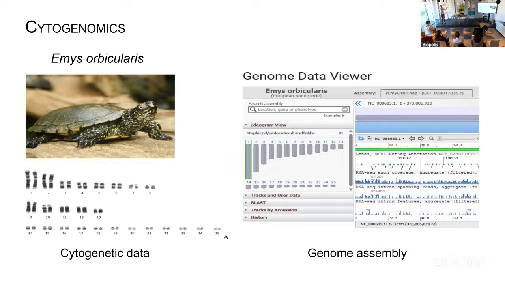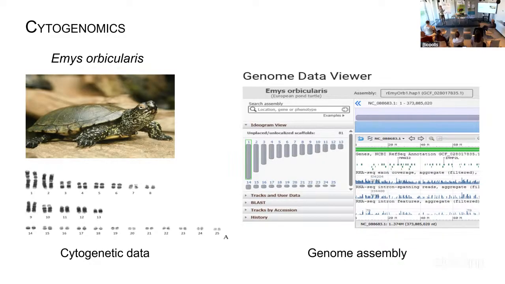So basically this gap makes you miss all the data you have gained until 2025, which is the year we published the genome, based on molecular cytogenetic data, okay?